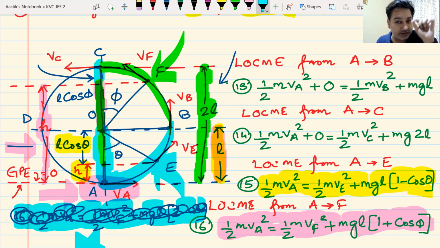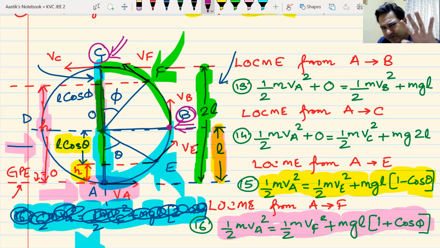There are more possibilities. One is that the body just reaches point B, the middle point. The next is that the body just reaches point C. That means I have 4 possibilities.